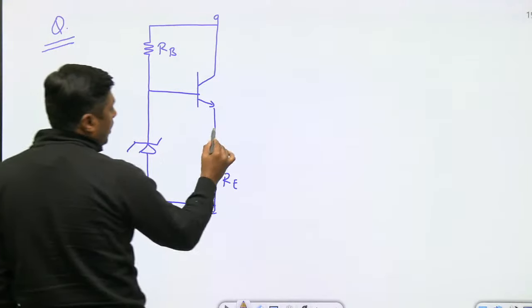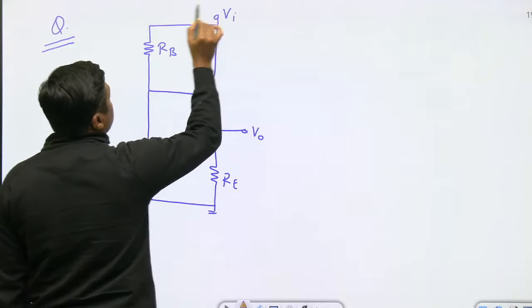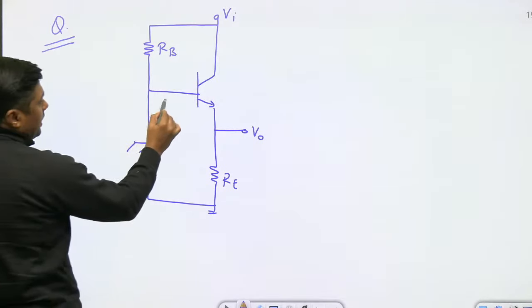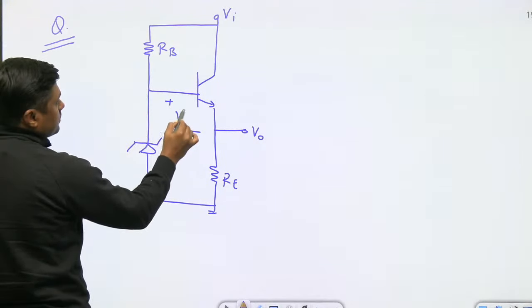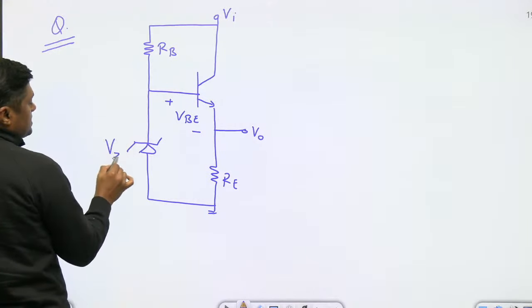From this I am taking the output, and this is the applied voltage VI, this is the RB, and this is the Zener diode. Here we are having the drop VB, and this is VZ.